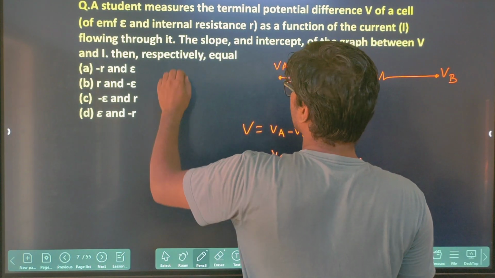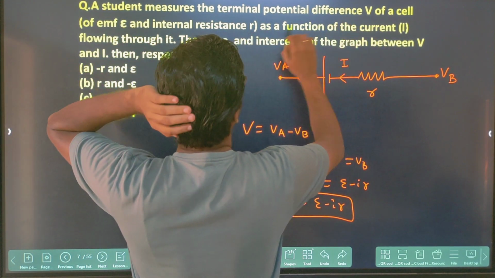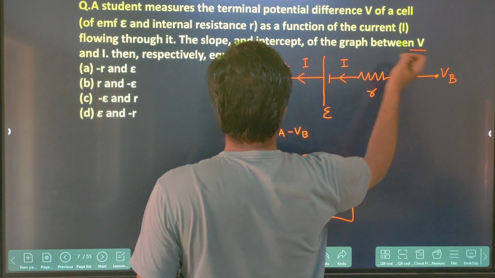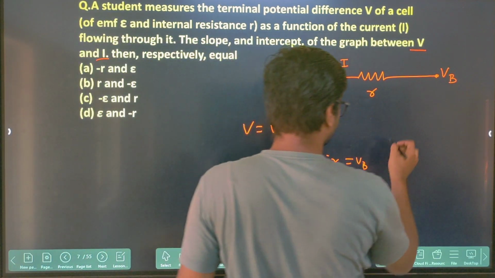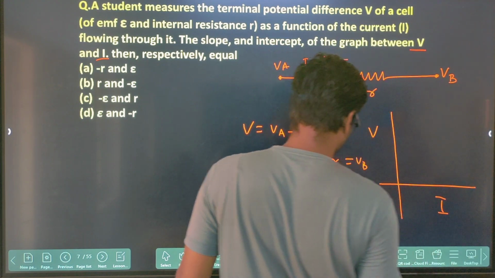So the graph they are asking about is between V and I. So draw the graph. This is V, this is your I. Look at this equation.